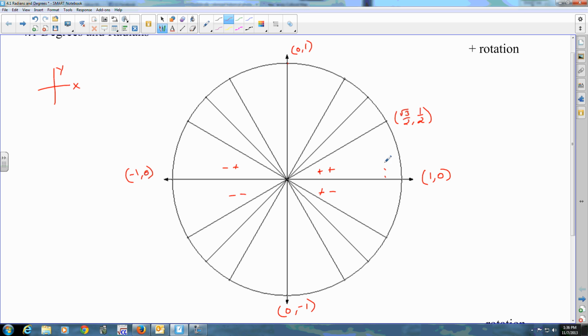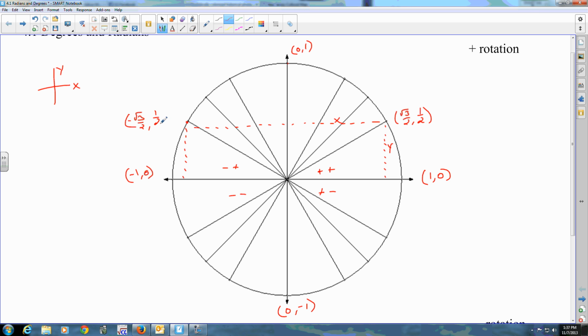The distance you're up is your y value. The distance you're over is your x value. This coordinate is the same distance, it's just left rather than right. So that coordinate is negative square root of 3 over 2, and you're the same distance up.